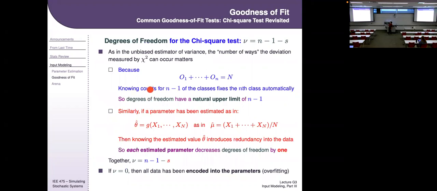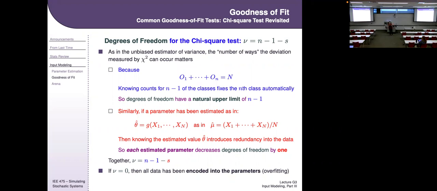So we subtract 1 when we do the chi-squared test because basically the chi-squared test breaks up the number of counts into a number of observations that all must add up to the number of counts. So we know that we have 100 counts total, and those 100 counts are distributed into a bunch of bins. Well, once you know n minus 1 bins and the number of counts, that nth bin you already know.